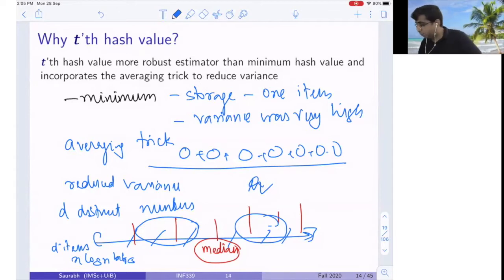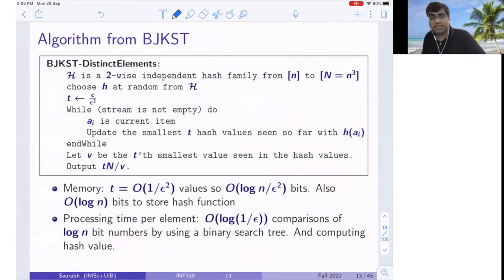And in terms of space, it's not that it is giving us anything more, because if you notice, we are anyway storing c over epsilon square numbers, right? If you would have done averaging also, we were generally doing order 1 over epsilon square to reduce the variance. So either you do this averaging trick or this. Basically the averaging trick is incorporated into this.